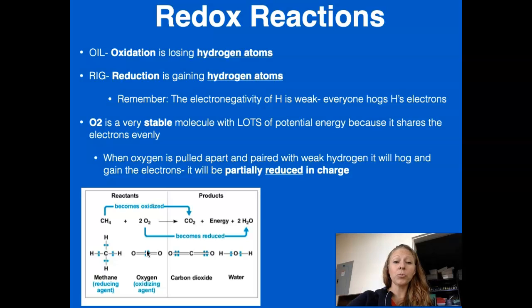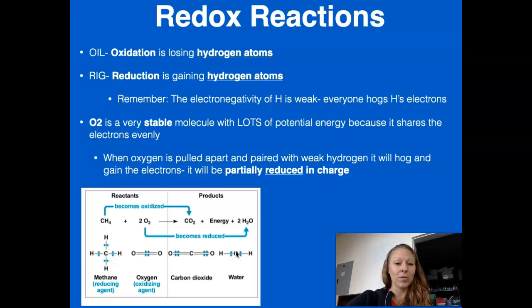When oxygen is pulled apart and paired with hydrogen, so here we're looking at the H2O, H is very weak, and so those electrons are going to be hogged by the oxygen. Think of water. The oxygen is slightly negative. The electrons are spending more time around that oxygen, and so it makes it slightly negative.